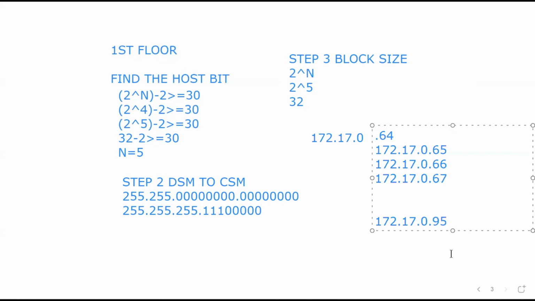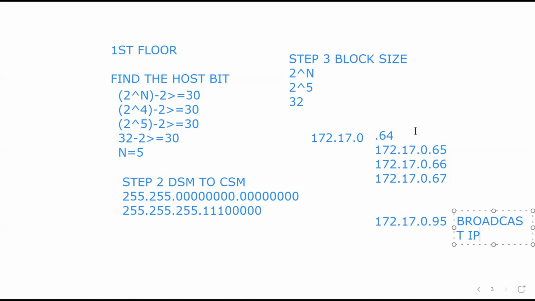This is for the first floor. This last one is the broadcast IP, and this is our network IP. Right?